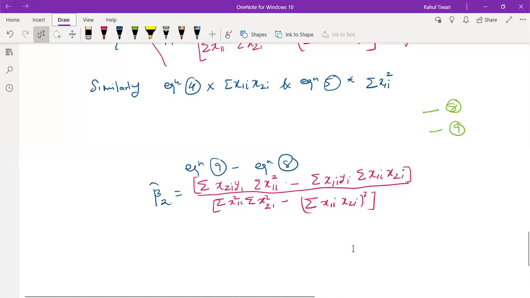So this is the beta 2 expression. Let me know if you have any query here. Let me see the chat box.